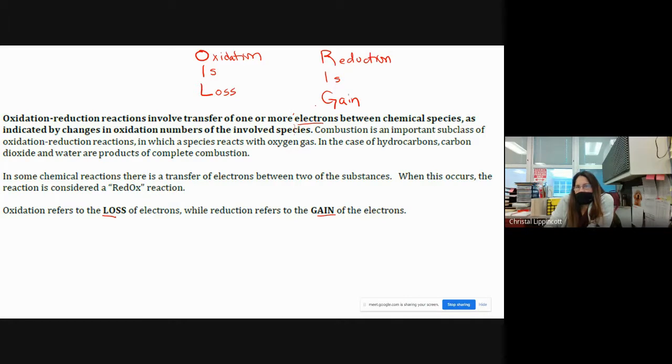So oil rig. There's also one that's LEO goes GER, like a lion. And that is lose electron oxidation, gain electron reduction. So if you like LEO better, I like this better, but this is just my preferred format. Okay.